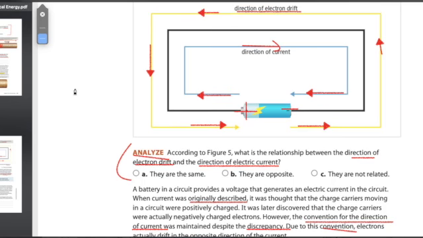The electrons carry the charge, and so the electrons are negatively charged. They're going to be leaving the negative end of the battery, going around the circuit, and being attracted, if you want to think about it that way, negatively charged electrons being attracted to the positive end of the battery. So compare that to what's going on with the current in that diagram.